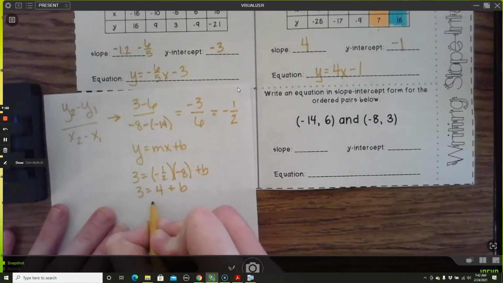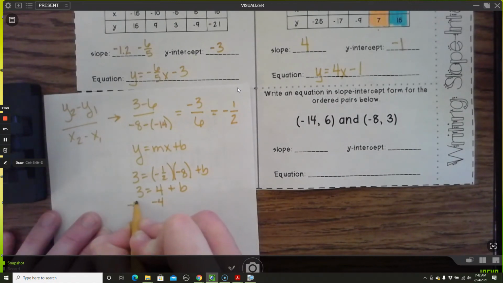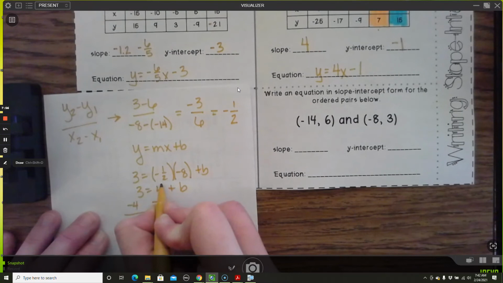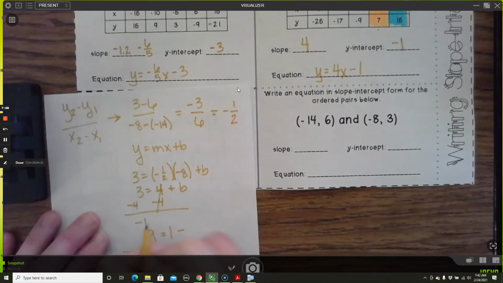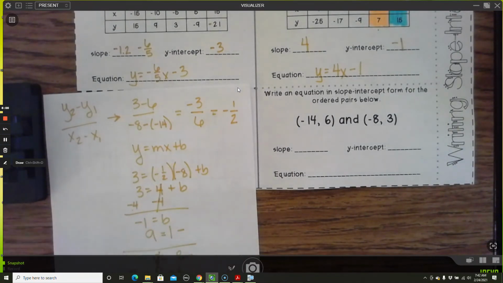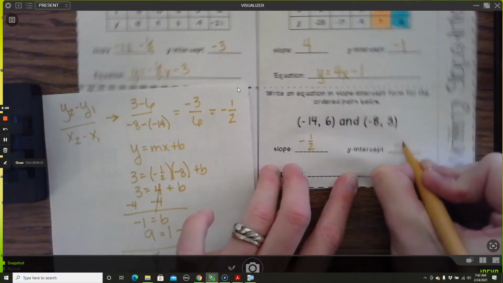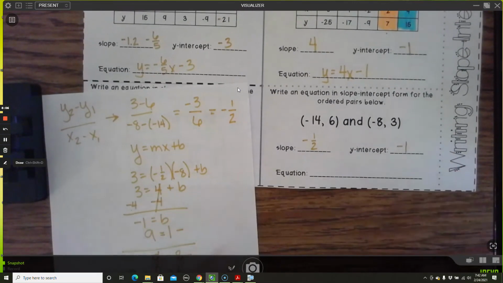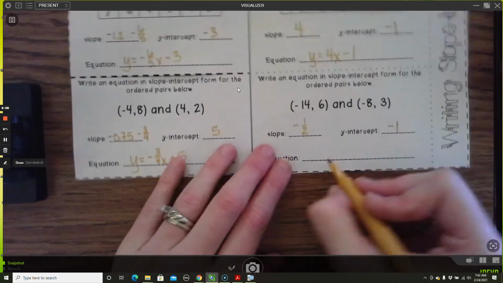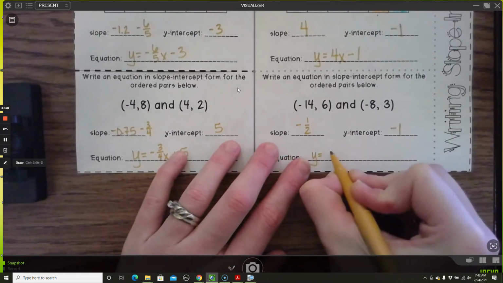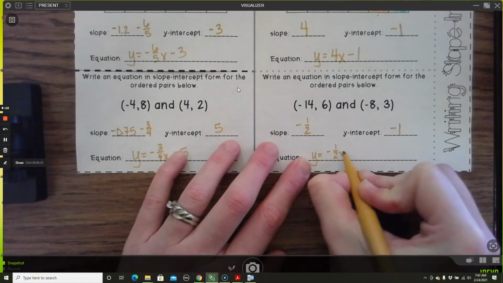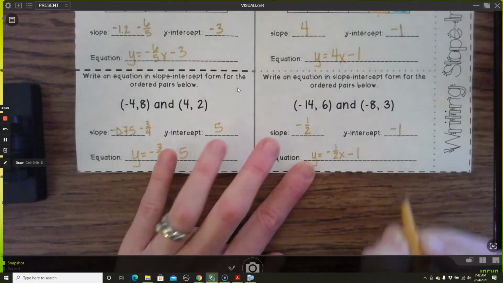To get b by itself, I'm going to subtract 4 from both sides. The 4's cancel. 3 minus 4 is a -1, and that equals b. So my slope is -1/2. My y-intercept is -1, and my equation would be y equals -1/2 x minus 1.